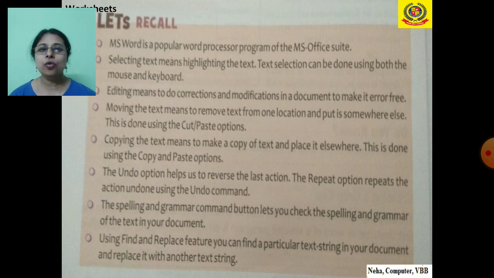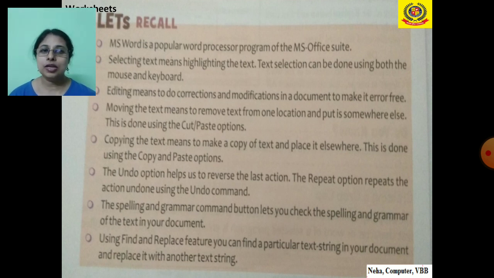Next is undo option. It helps us to reverse the last action. So if we have done by mistake, if we have deleted some text or some paragraph, we do the undo option. So that paragraph comes back. And the opposite of it is the repeat option or redo option.